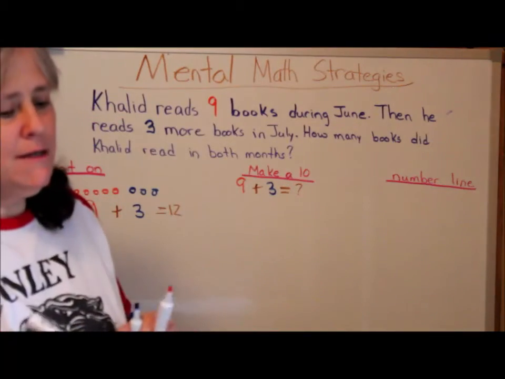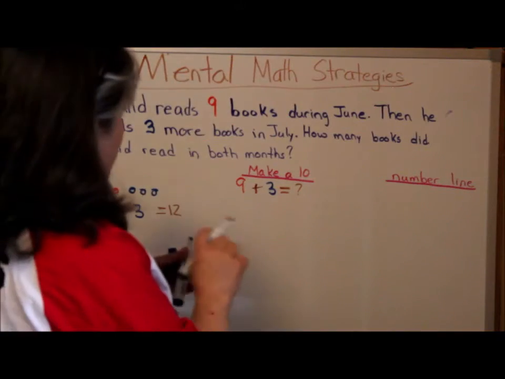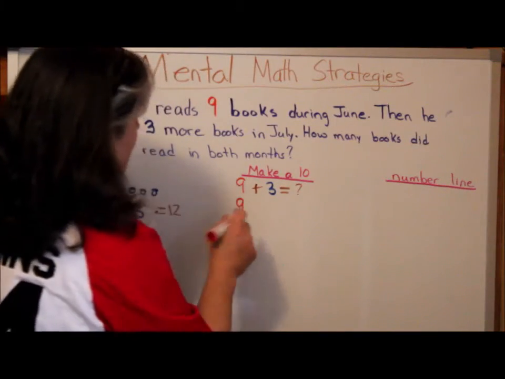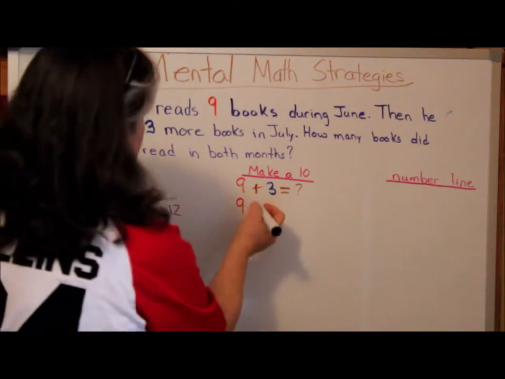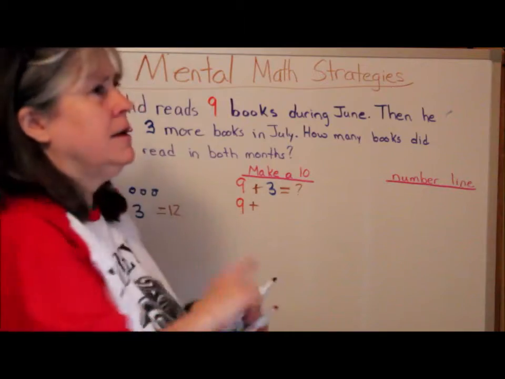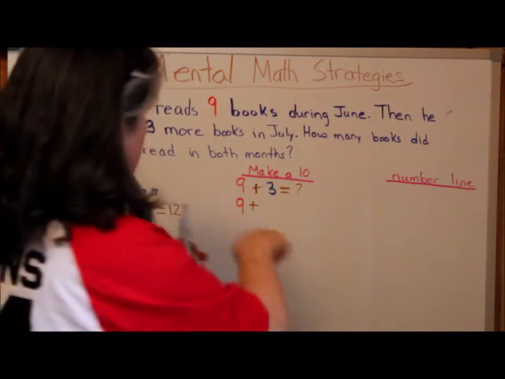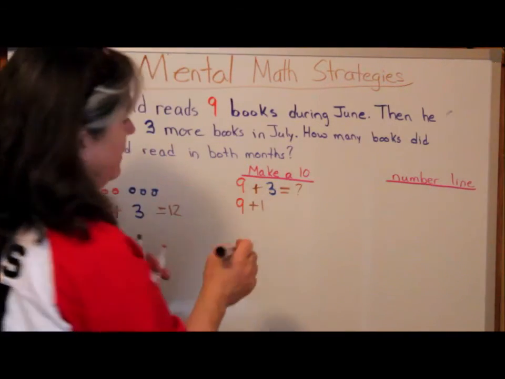But it says to make a 10. So what can we do? So we have this 9. 9 plus what will make 10? 9, 10. Oh, so just one more. So 9 plus 1. So there's our 10, right?